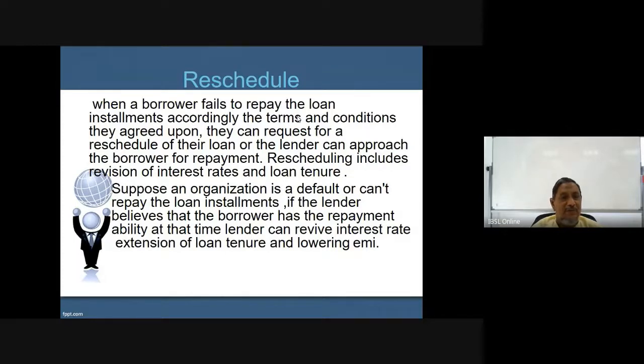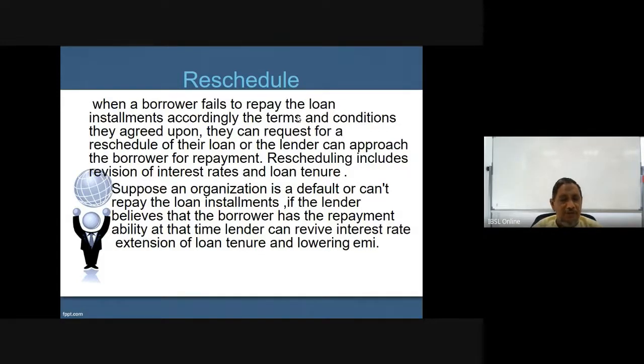Suppose, for example, a customer can ask for rescheduling. That means an existing customer had paid certain loan installments for a certain period, and then he finds that his income is not sufficient to pay.